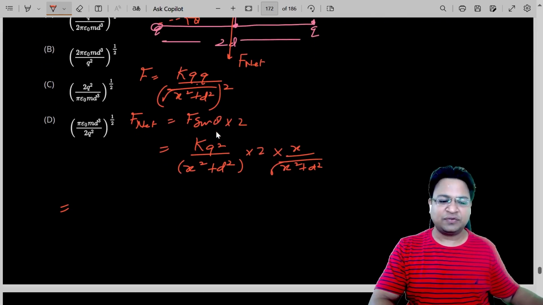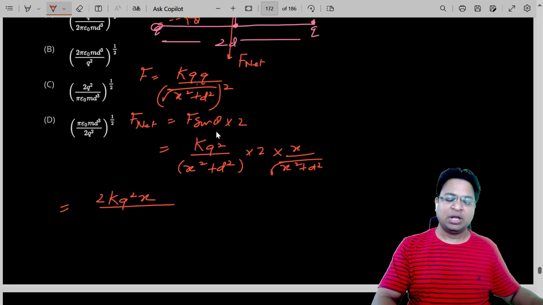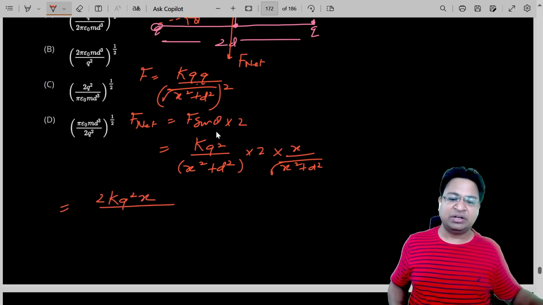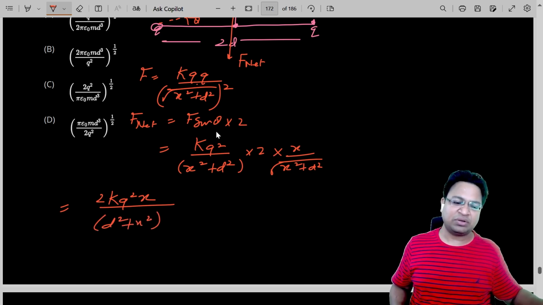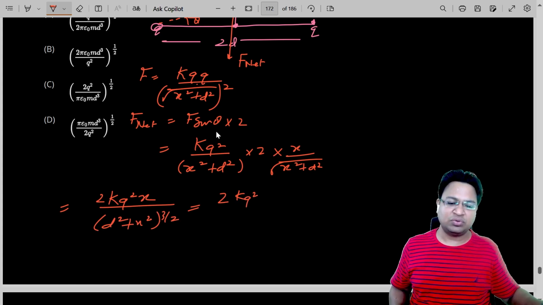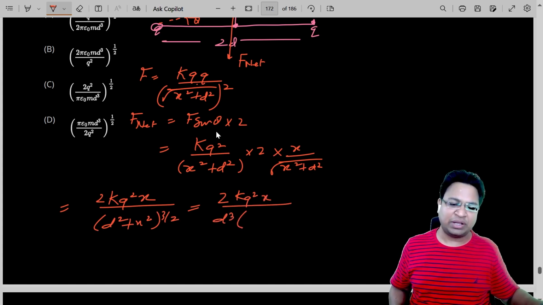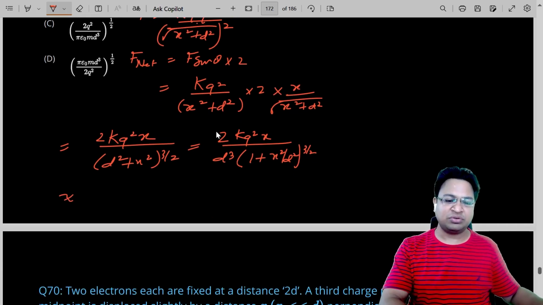So this force becomes 2kq square x upon d square plus x square raised to power 3 by 2. I can pull out d as the common quantity, so it becomes 2kq square x upon d cube, and then we have 1 plus x square by d square raised to power 3 by 2, which from the binomial theorem we can just ignore. We can assume it to be 2kq square into x upon d cube.